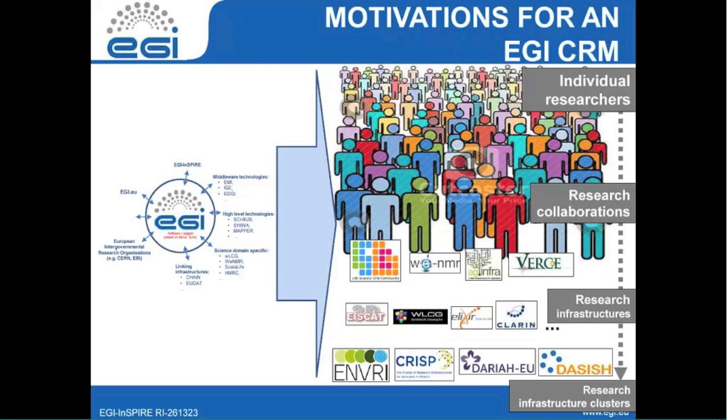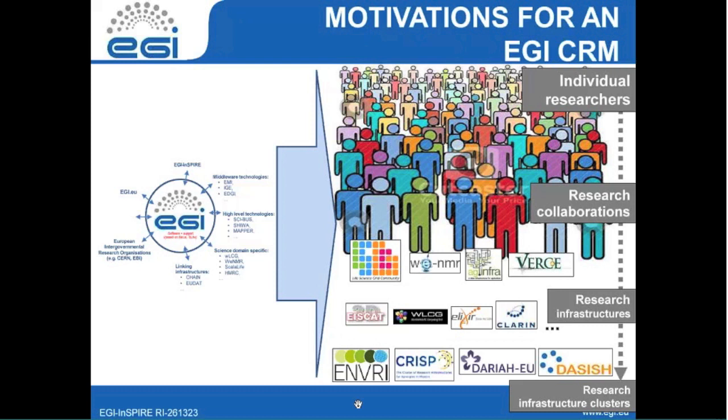All these services are integrated for the benefit of multinational scientific communities that you can see on the right side of the slide. And these communities can be arranged or grouped into different levels, ranging from individual researchers who came together to research collaborations, to different types of projects, typically European projects funded by the European Commission, to the higher level research infrastructure projects.